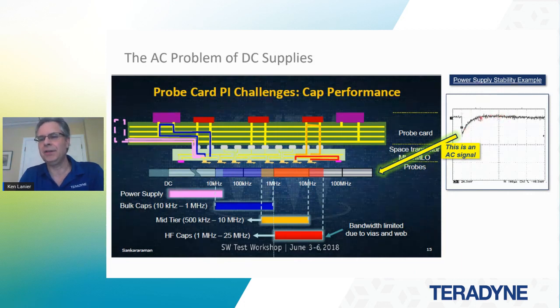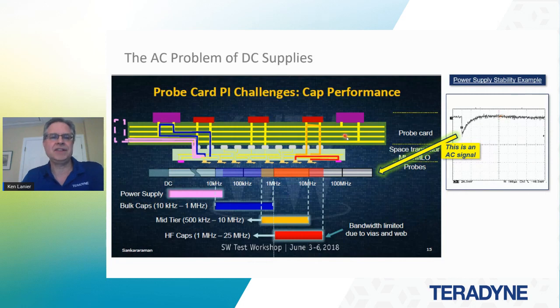And this thing in the middle, that's an AC signal, right? It's a step response, has lots of broad frequency content to it. What you're trying to do is get that step to be as low as possible and the recovery to be as quick as possible. So take your step function and basically put energy storage on the DIB to be able to provide a momentary burst of energy to the device when it needs it.